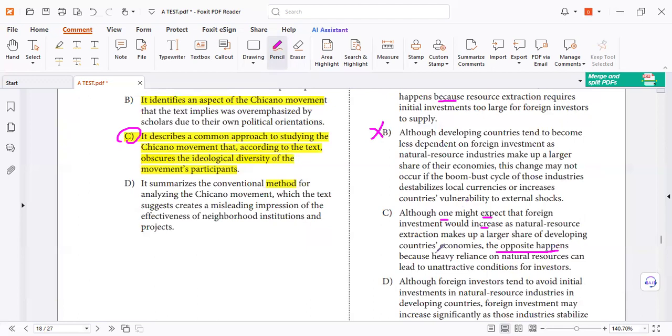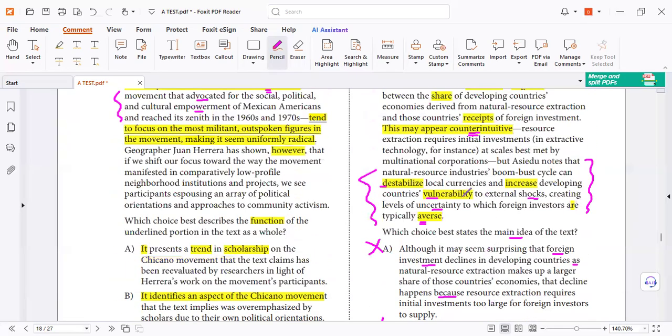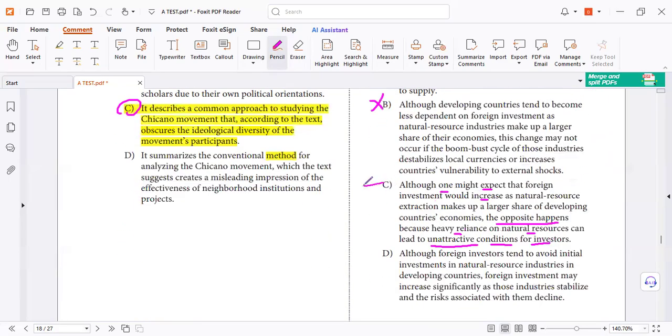Yes. Because heavy reliance on natural resources can lead to unattractive conditions for investors: vulnerability to external shocks, levels of uncertainty, and they hate that. So we focus on the information after "but." So your eyes must be here. So letter C, the best.